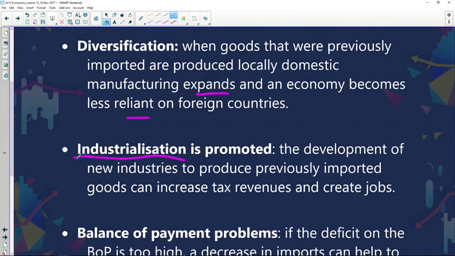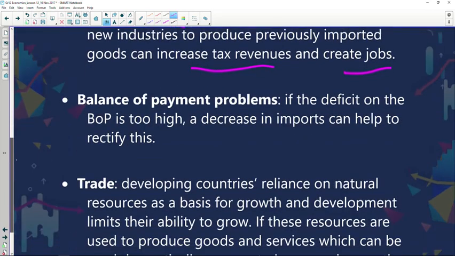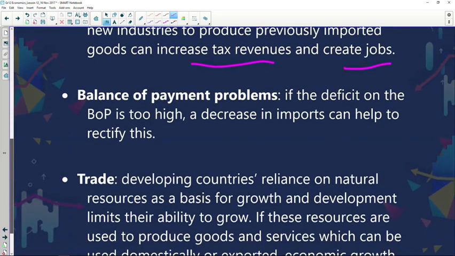So this could result in an increase in tax revenue. That's good for the government, so they can improve the infrastructure, and also it creates jobs, so more people are employed as a result of this. That's a good thing, because it's bringing employment opportunities. People will end up with some form of income, and they can participate in economic activity.